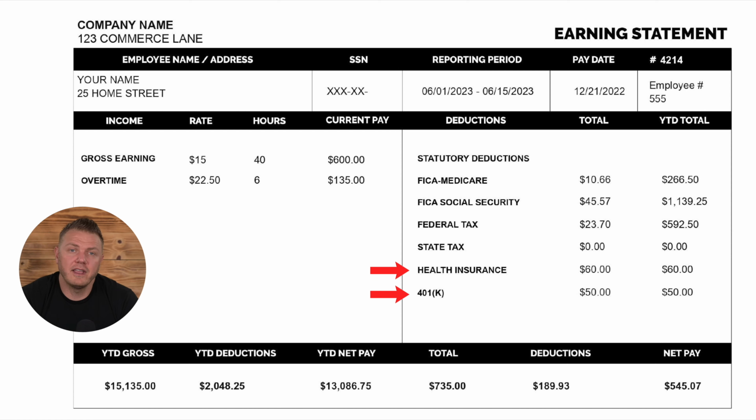Voluntary deductions are things that you signed up for that are deducted from your gross pay. This could be anything from contributing to your retirement account to different types of insurance benefits, such as healthcare, dental, and vision. You might also have the ability to choose to pay for other things like life insurance or disability insurance, and sometimes even pet insurance.